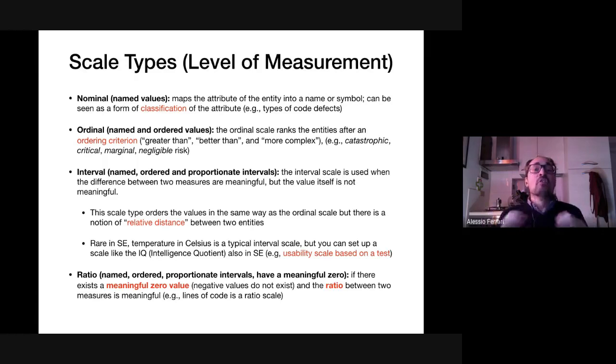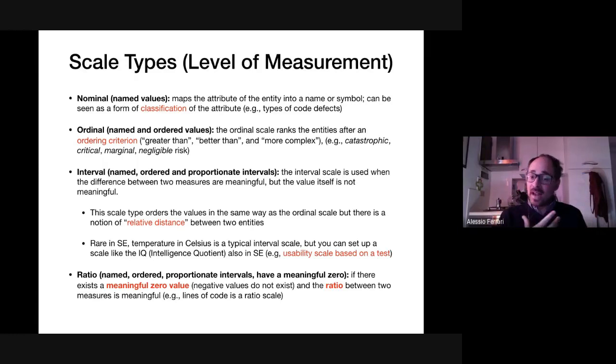It is a convention, the 0 Celsius. While the 0 Kelvin is a meaningful value because you don't have negative values, for example. In a Celsius scale, the 0 value is a convention. Anytime the 0 value is a convention, it is likely to be an interval scale.